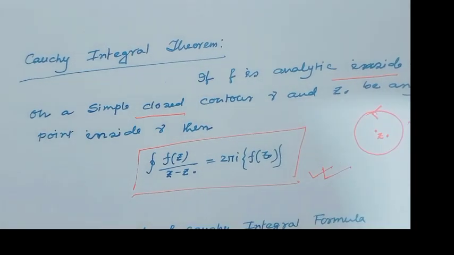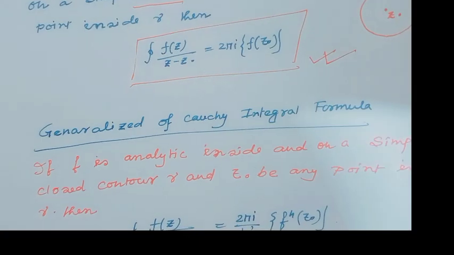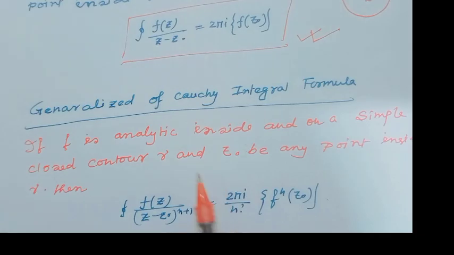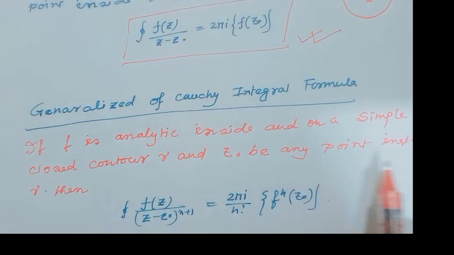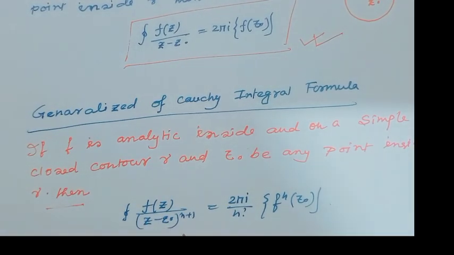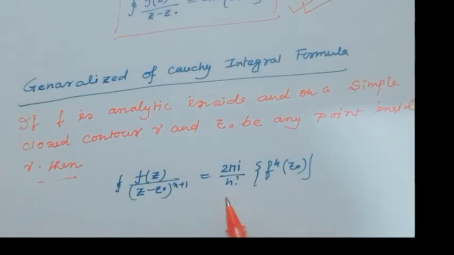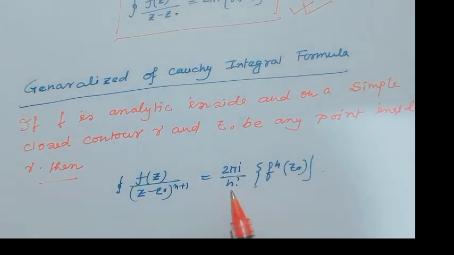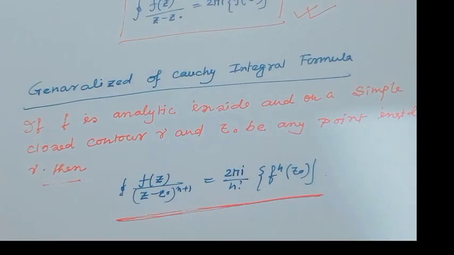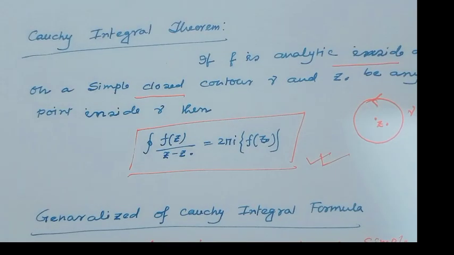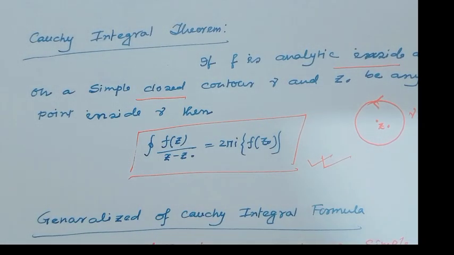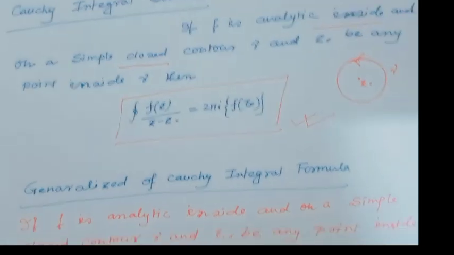This is Cauchy's integral formula. The generalized Cauchy integral formula is: if f is analytic inside and on a simple closed contour gamma and z naught is any point inside gamma, then the integral of f(z) over (z minus z naught) to the power n plus 1 equals 2 pi i over n factorial times f^(n)(z naught). These two theorems are very important for finding integrals in complex analysis.